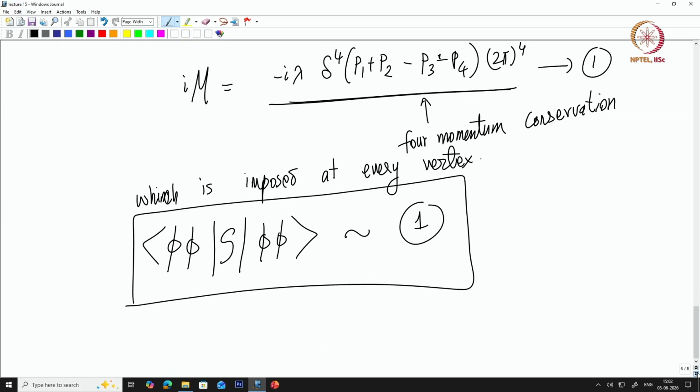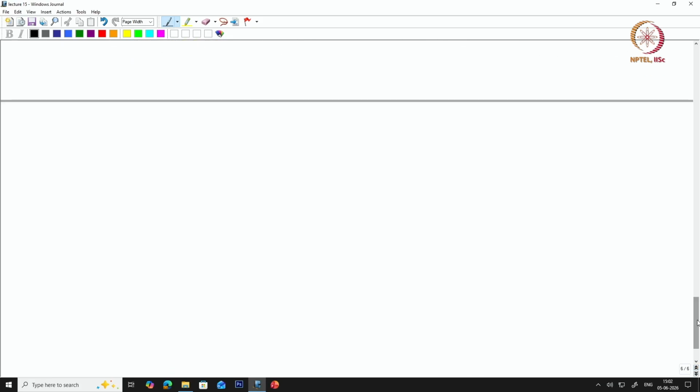Now what happens if you have the same scattering process? Two incoming phi, two outgoing phi, but in between a couple of phi are radiated and absorbed essentially.